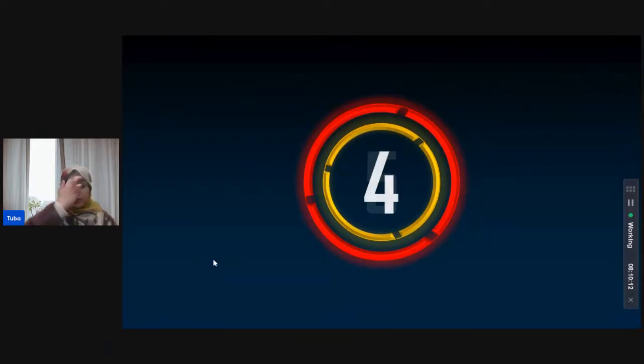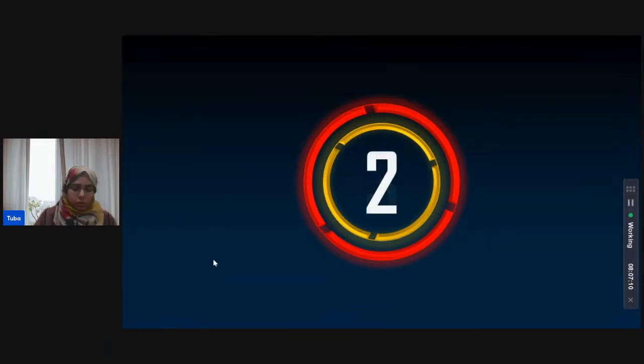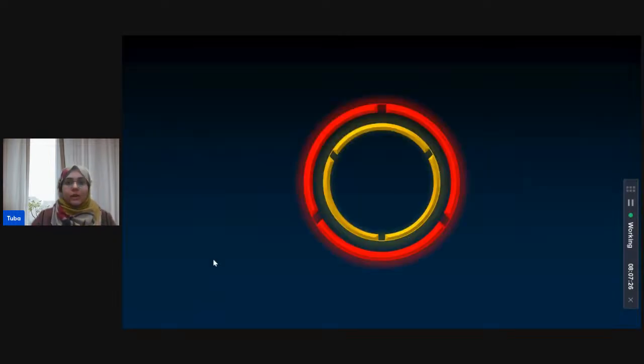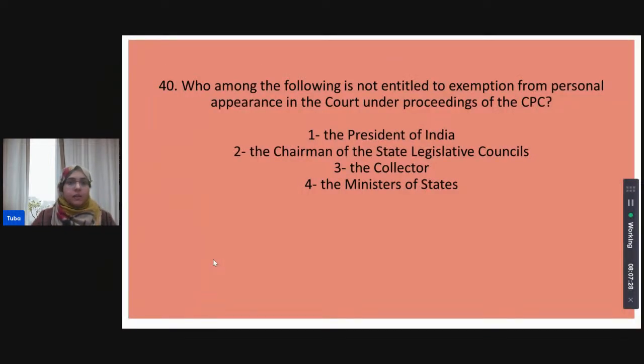All right, I'll start the timer. So well done. We have read it correctly. It is the collector. All the others have exemptions, with a long list of several other honorary members who have exemptions. Shaktija, no, the question asked us who is not exempted. Who is not exempted from appearance, right?